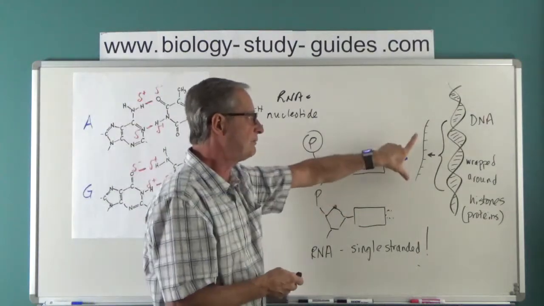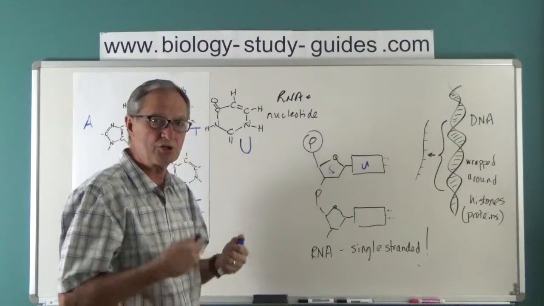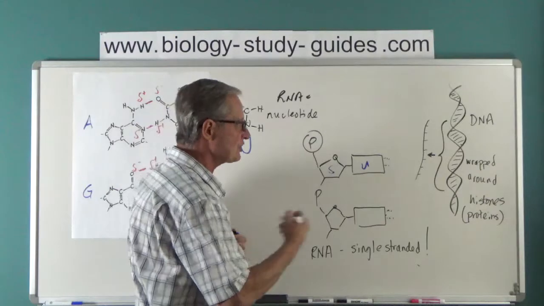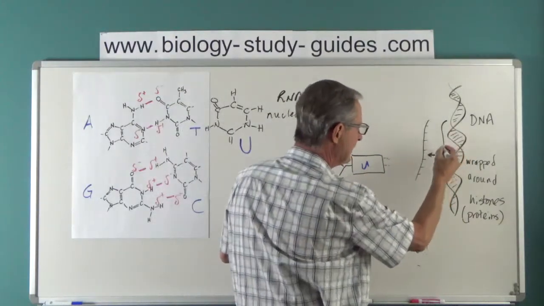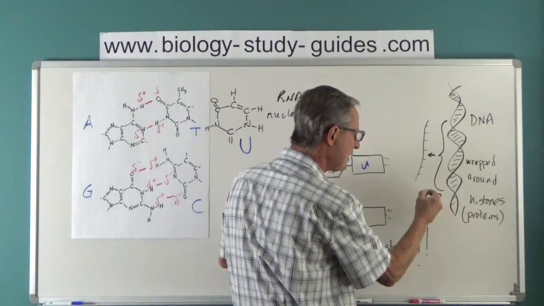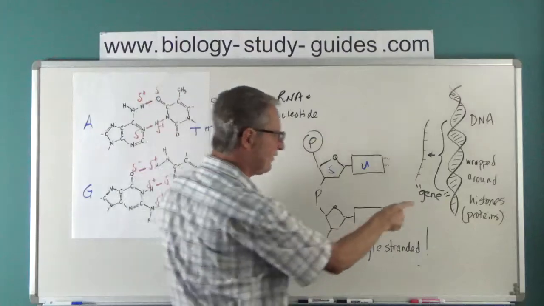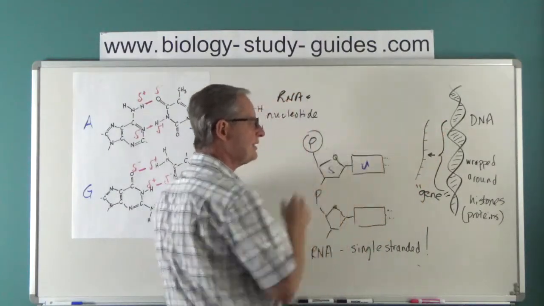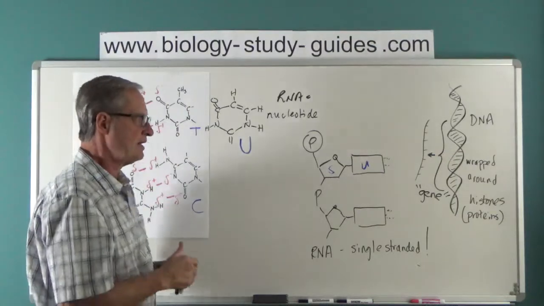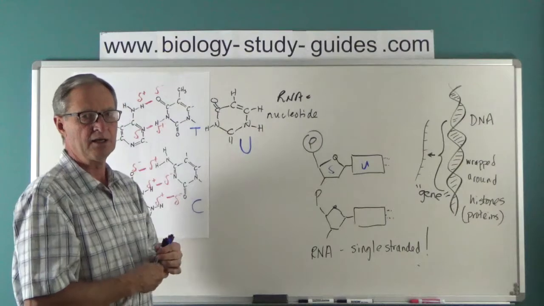They can be 100 bases long, or 200 bases long, but in terms of size comparison, it's way shorter. This section that makes a piece of RNA is known as a gene. So we talk about someone having the genes for a certain characteristic. Well, they've got the gene which allows them to make that piece of RNA, which allows them to have that particular characteristic. But that's more than we have to get into right now.